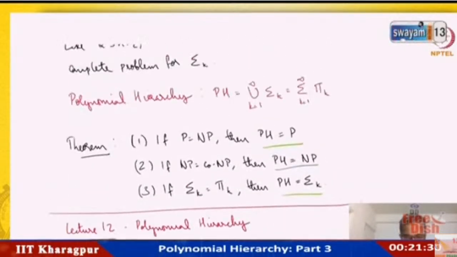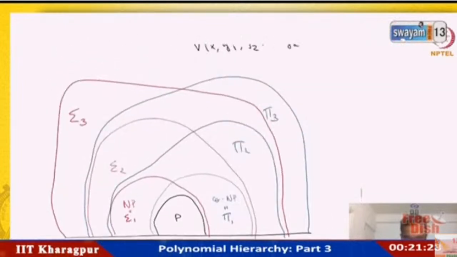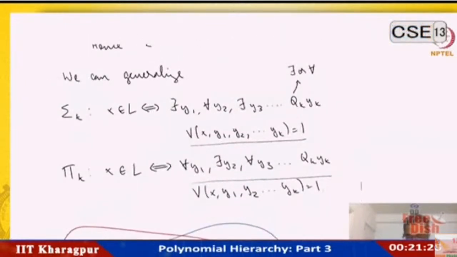And sigma 2, pi 2, etc. is taking this to the next step. And sigma k in general is k alternating quantifiers starting with the existential quantifier. Pi k is k alternating quantifiers starting with the universal quantifier. Universal is for all, right?